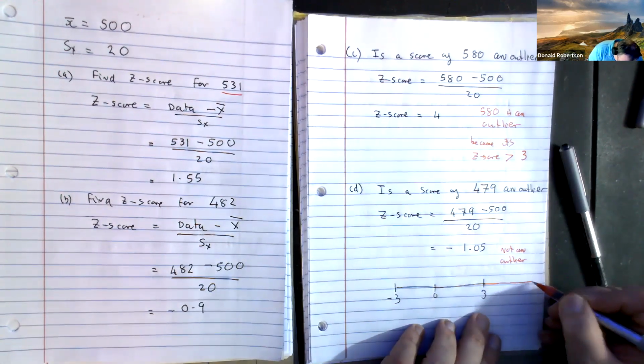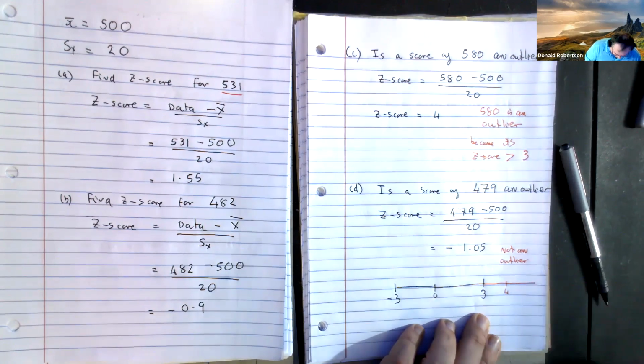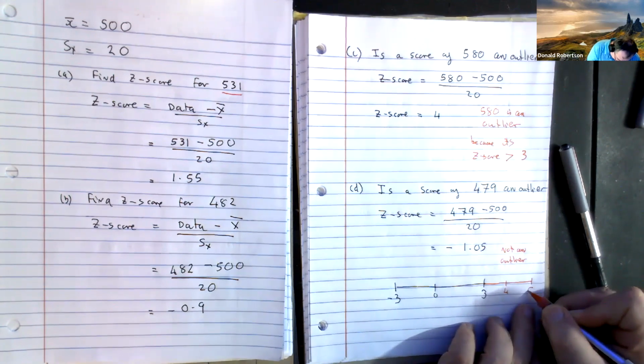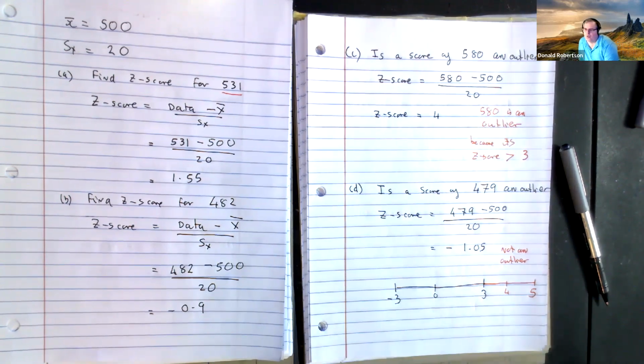If you start looking at z-scores like 4, a z-score of 4 will happen like 1 in 1,000 times, right? It's a very, very rare event. A z-score of 5 happens like 1 in 1,000,000 times. And a z-score of 6 is like 10 million times. Do you see that z-scores don't actually get that big, right?